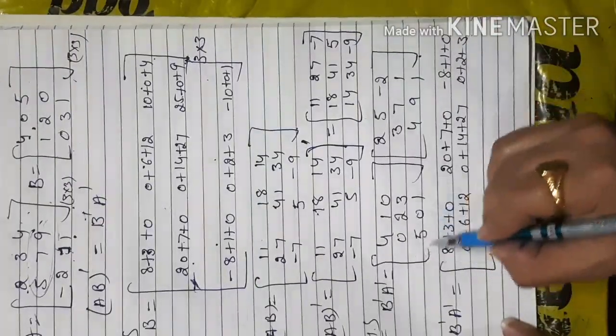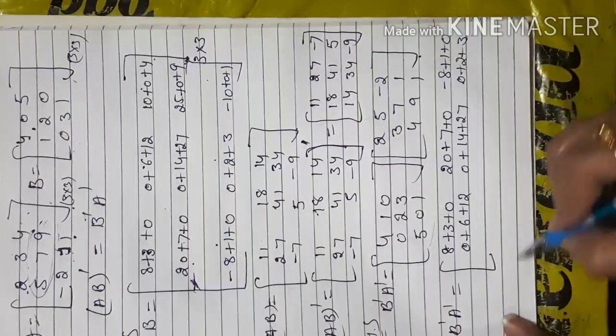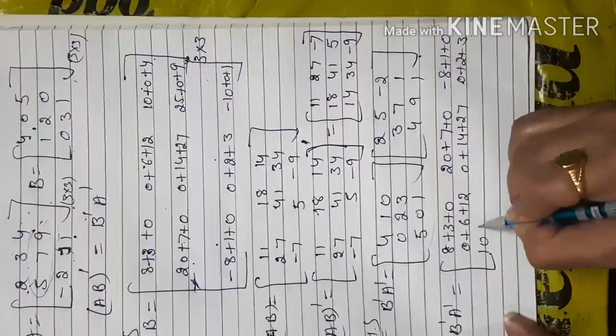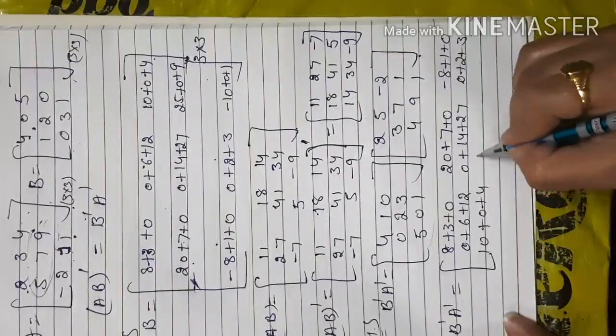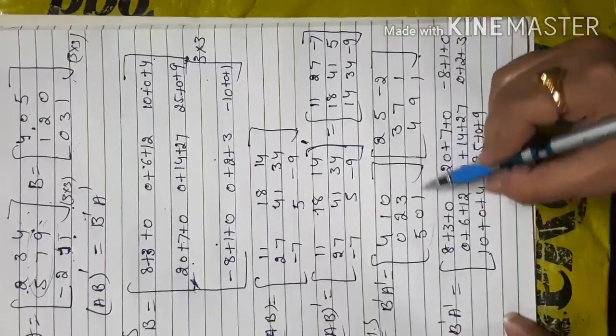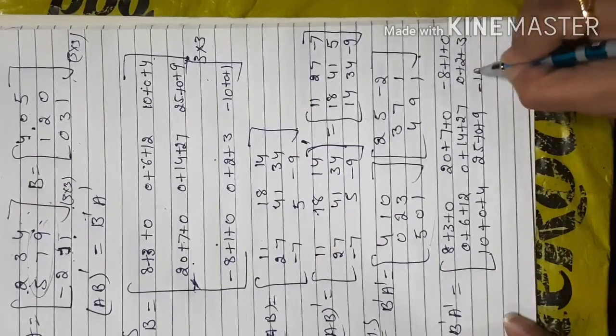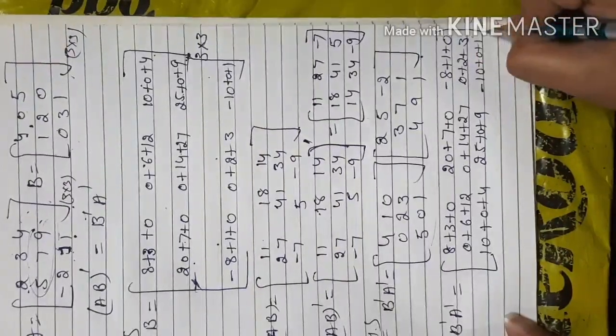So here now third row with first, second and third column according to the position. That gives me 10 plus 0 plus 4, 25 plus 0 plus 9, and here 501 when multiplied by this column gives me minus 10 plus 0 plus 1.